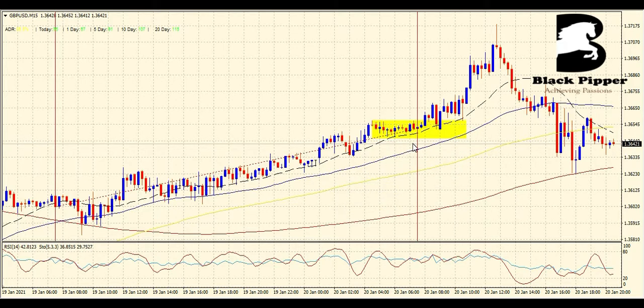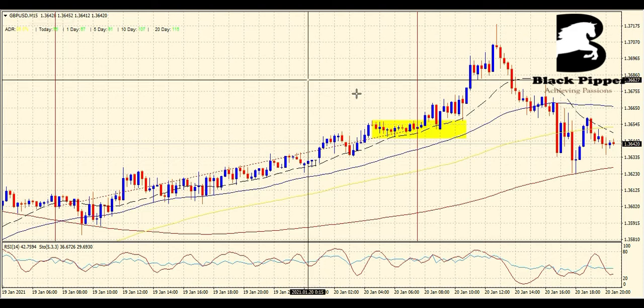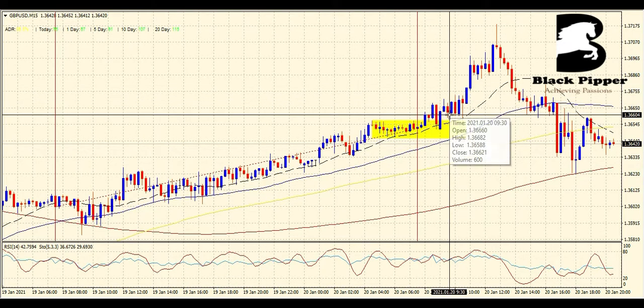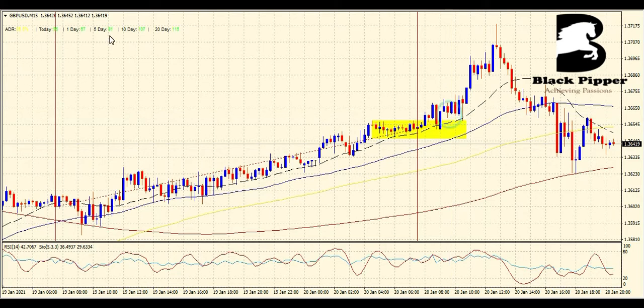This is the 5:30 GMT candle, and this is the consolidation range. Wait for the range to break out. Here the breakout occurs, at 1.3660. I mark it with a red horizontal line.